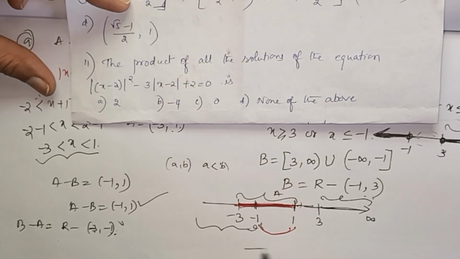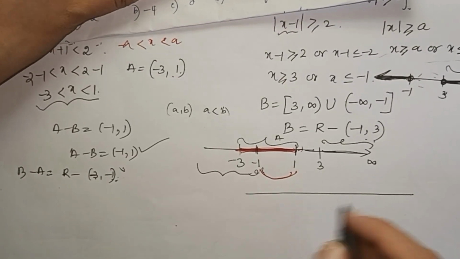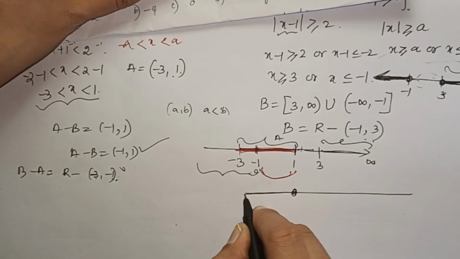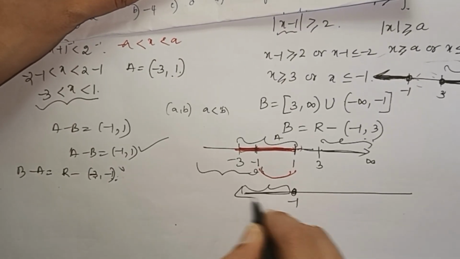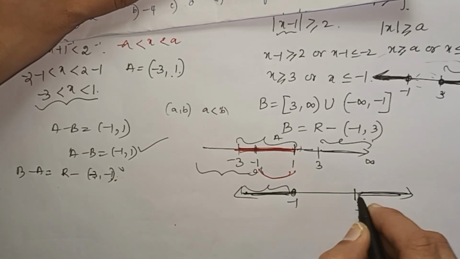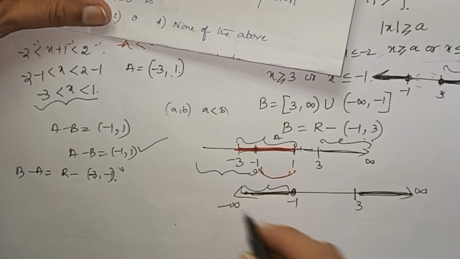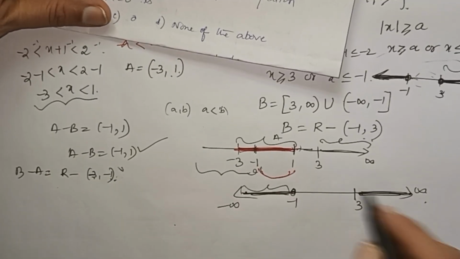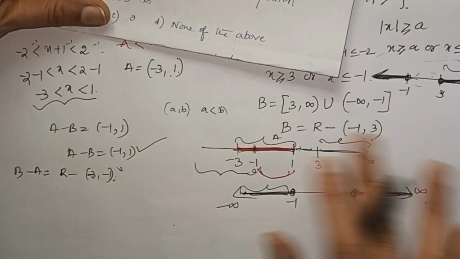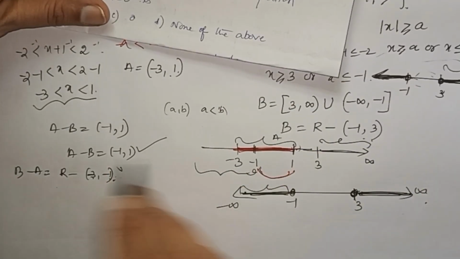Now to find B minus A, look here. B is minus infinity to minus 1, one part, and another is 3 to infinity, that is this value. 3 is included. From this B, you have to remove A. What is your A?